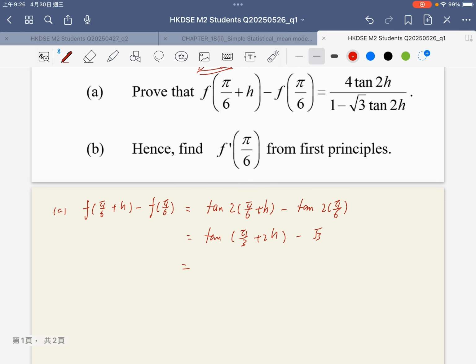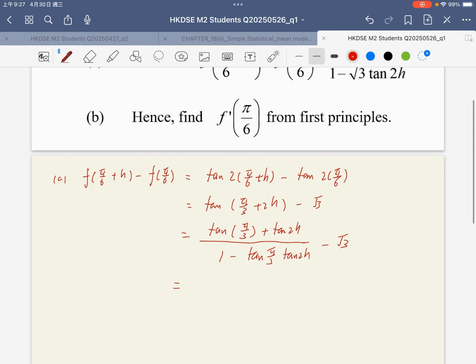And using the combined angle formula, the first term is tangent pi over 3 plus tangent 2h over 1 minus tangent pi over 3 tangent 2h, minus square root 3. And tangent pi over 3 is root 3, so it is root 3 plus tangent 2h over 1 minus root 3 tangent 2h.